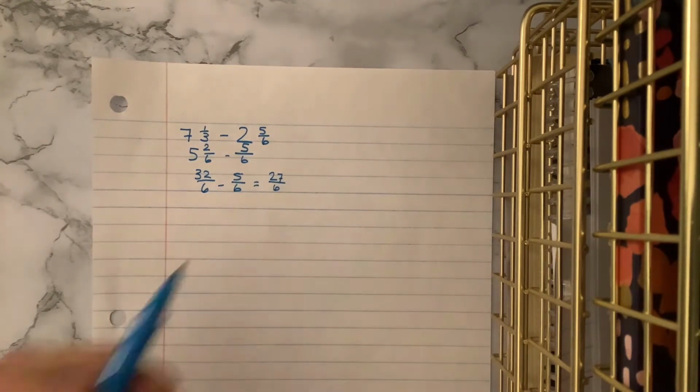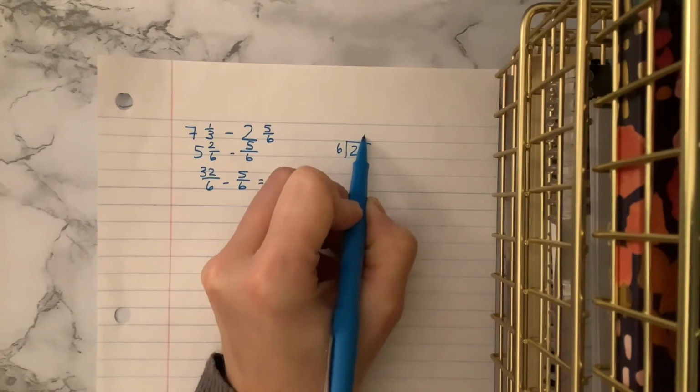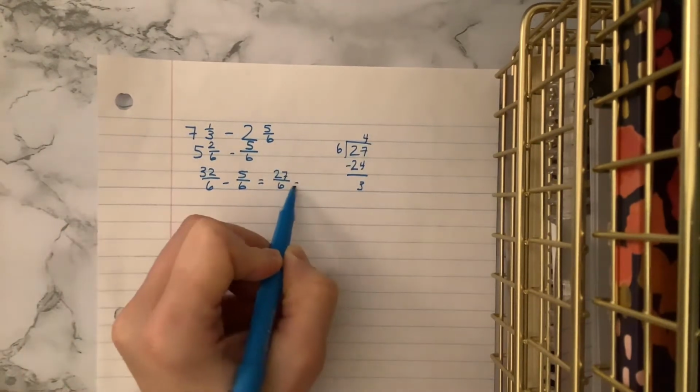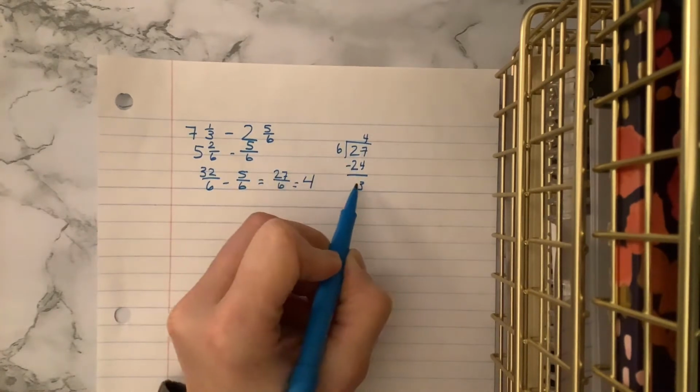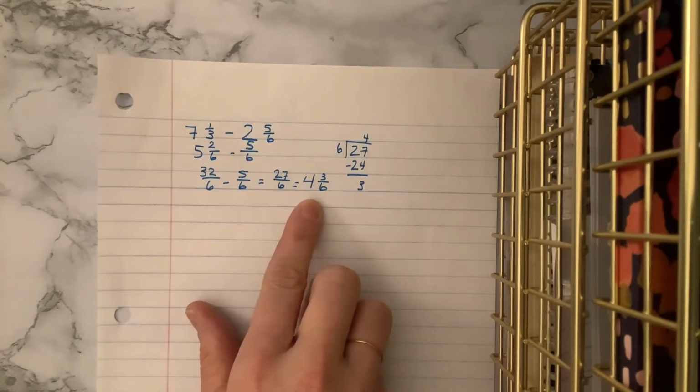And now we have to make this proper, which maybe you do in your head, or maybe you go on over to the side and say 6 goes into 27 4 times remainder of 3. So this is equal to 4 3/6. And you should always be asking, is this proper? Which the answer was no, so we made it proper.